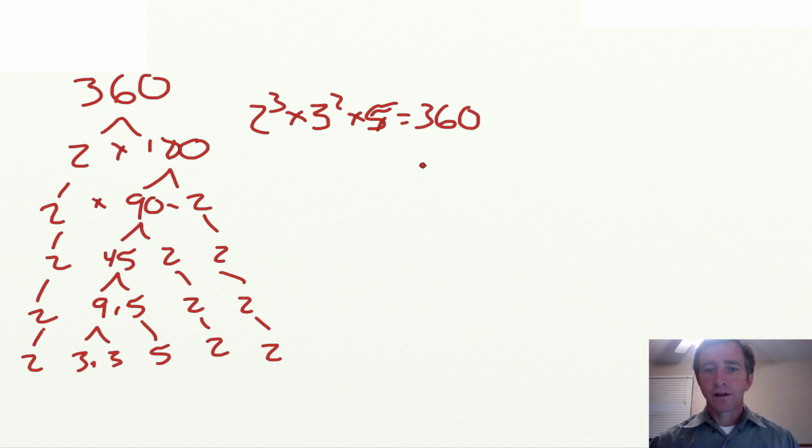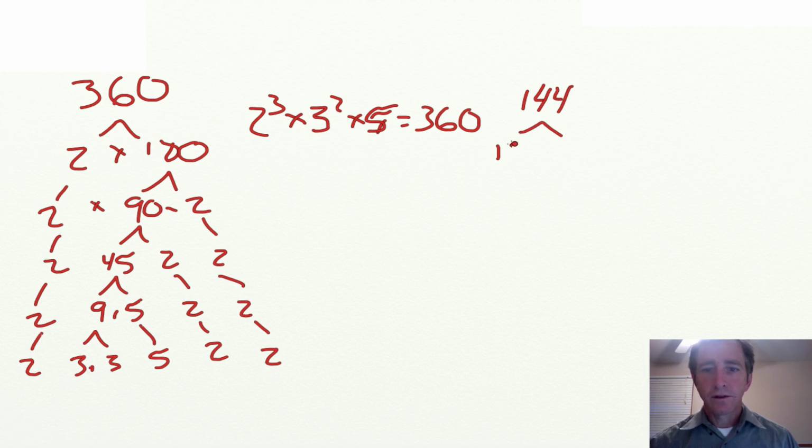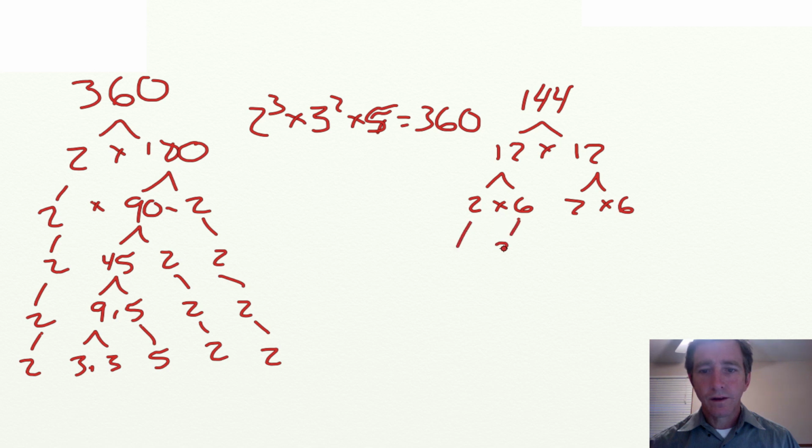We'll factor the other number, 144. 12 times 12, 2 times 6, 2 times 6, 2 times 3, 2 times 3.